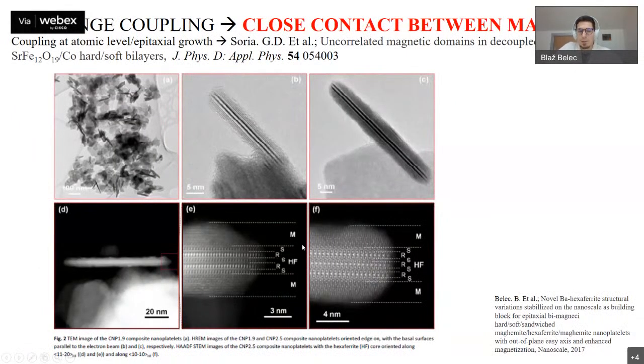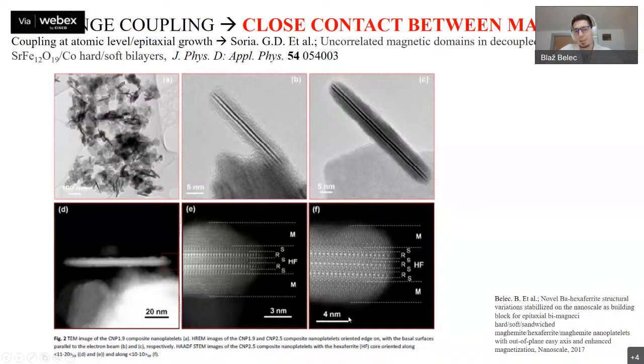So at the Jožef Stefan Institute a few years ago, this was basically my PhD thesis, we synthesized composite nanoparticles, where we had barium hexaferrite nanoparticles as a core, and then epitaxially grown maghemite, so iron oxide, layers on it.